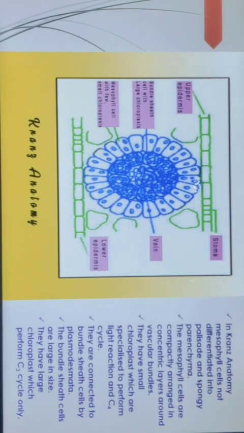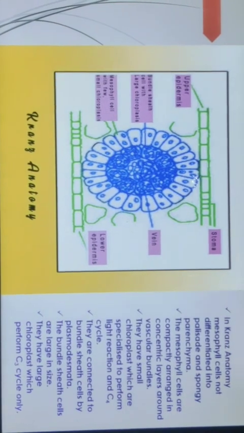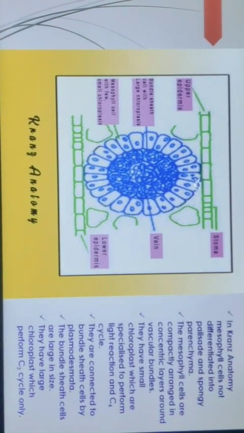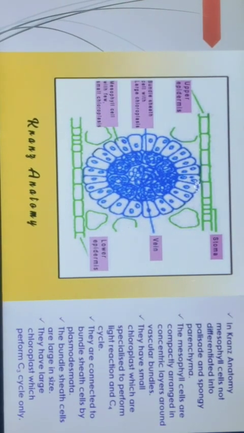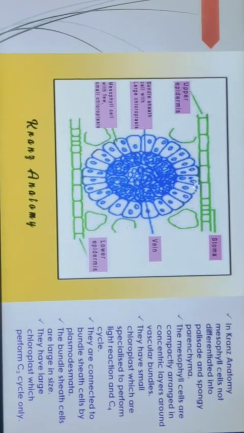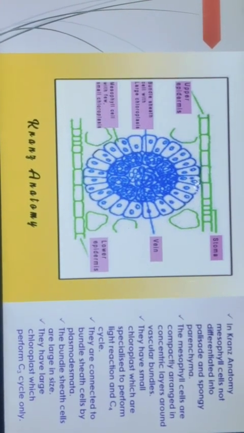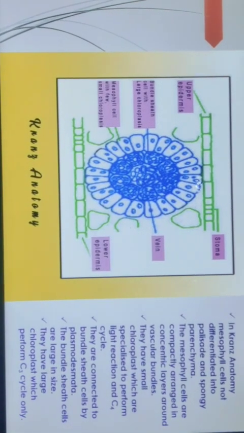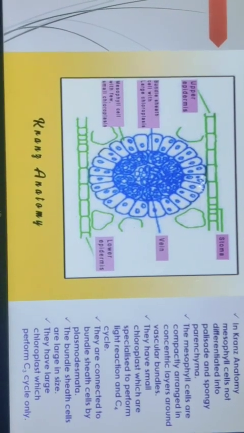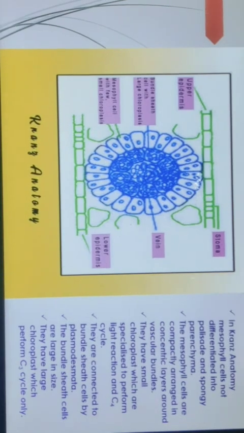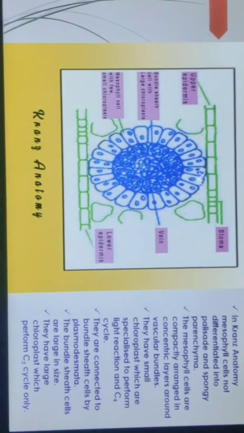Now this is the structure of the Kranz anatomy, which occurs in C4 plants, C4 pathways. In the Kranz anatomy, the mesophyll cells are not differentiated into palisade and spongy parenchyma. So this is the main identification of the Kranz anatomy, that the mesophyll cells are not differentiated into palisade and spongy parenchyma, whereas they are compactly arranged.